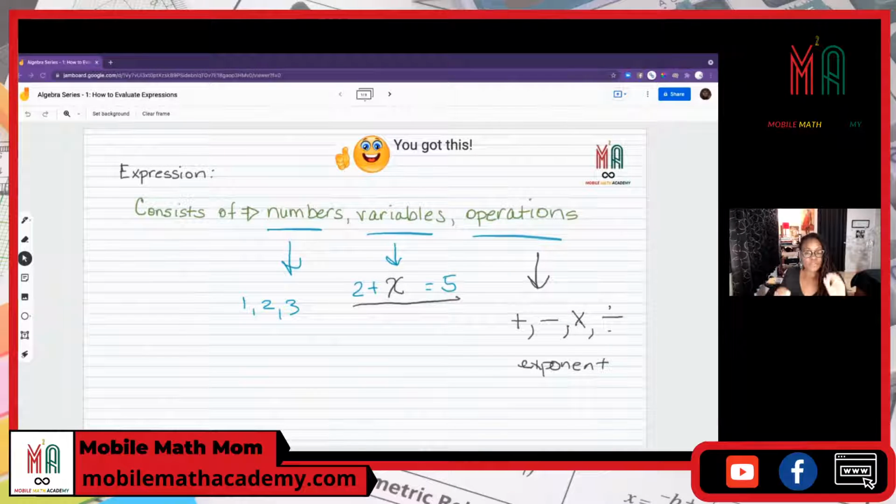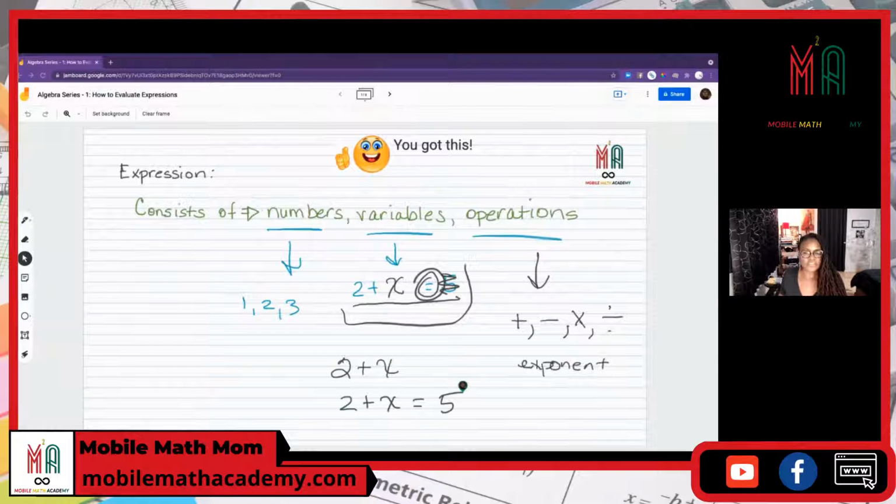Now, the difference between, I'll give you a little preview. The difference between an expression and an equation is an equal sign. If I was to write this as an expression, it would be 2 plus x, right? We wouldn't have the equals 5. 2 plus x equals 5 now turns this into an equation.